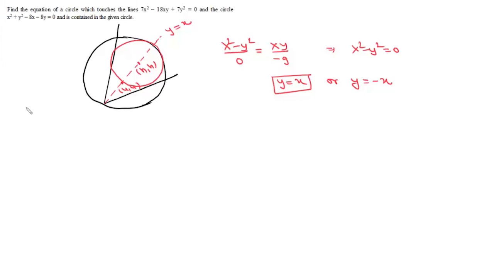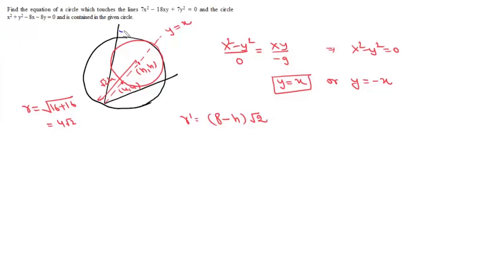Now the radius of this bigger circle is under root 16 plus 16, and that will be 4 root 2. So the radius of this smaller circle will be, this diameter, which is 8 root 2 minus h root 2. So there will be (8 minus h) root 2. All we need to do is to find the value of h and r.